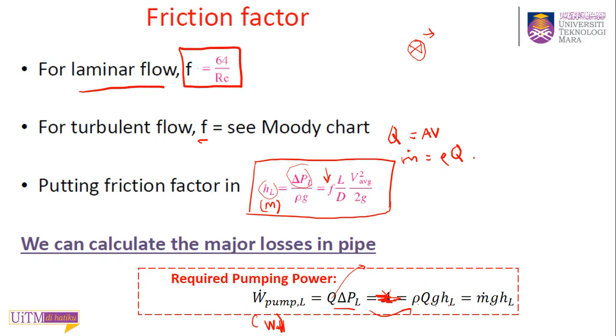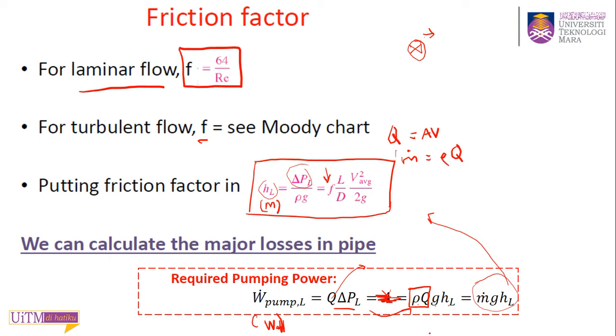Is it right? Can you remember this? The mass flow rate, rho times Q. So that's why you get mass flow rate times g times the head losses that you have calculated from this equation. From this calculation, you will get your pumping power, when you calculate the losses in your pipe.